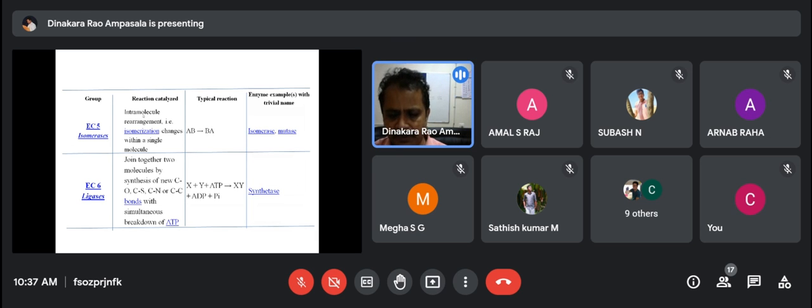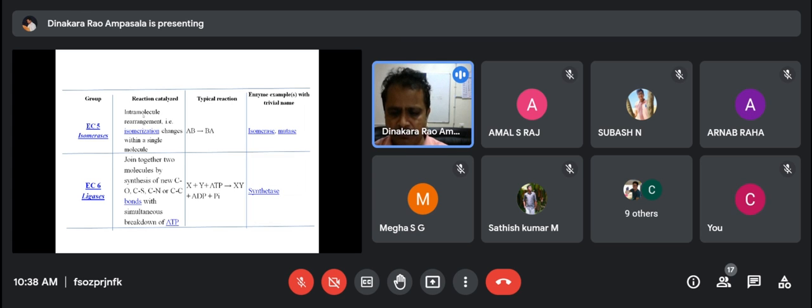All these enzymes are kept under this group. Among isomerases, mutases transfer a hydroxyl group from one carbon to another carbon within the same substrate molecule. Like these reactions. And then ligases are enzymes that make a new bond.